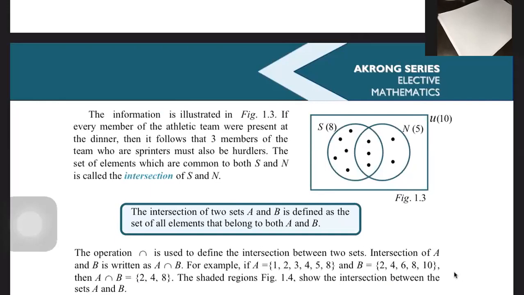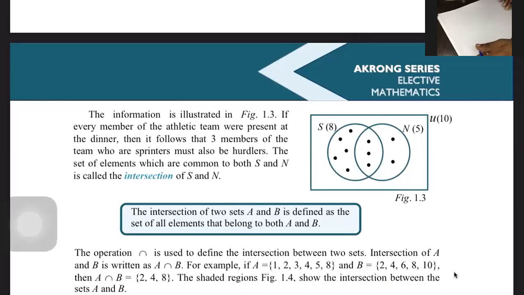The set of elements which are common to both S and H is called the intersection of S and H. So for intersection, they are a group of people that belong to side A and at the same time belong to side B. Now, in two-set problems, this group of people called the intersection are always located in the middle of the Venn diagram.